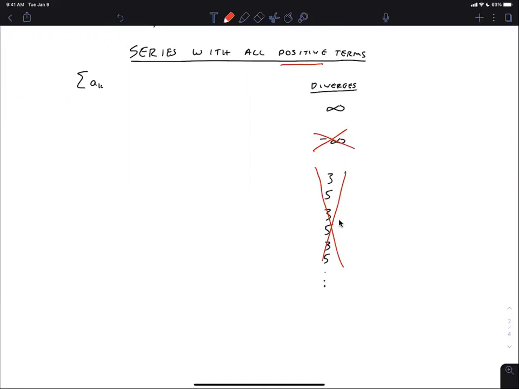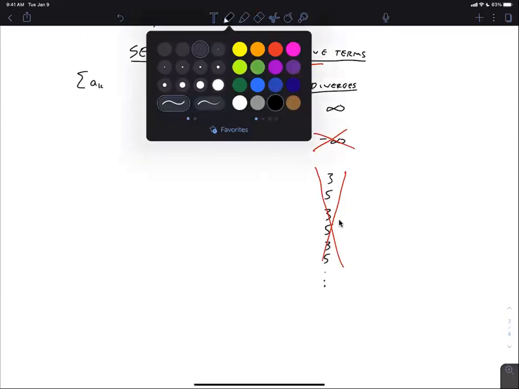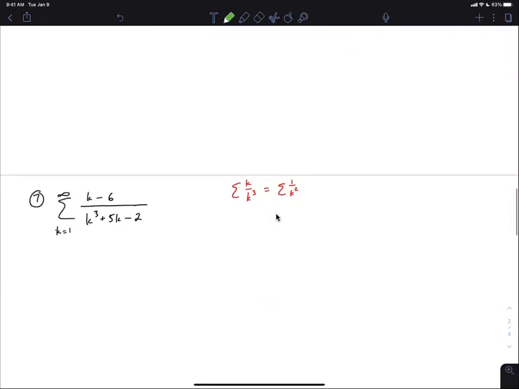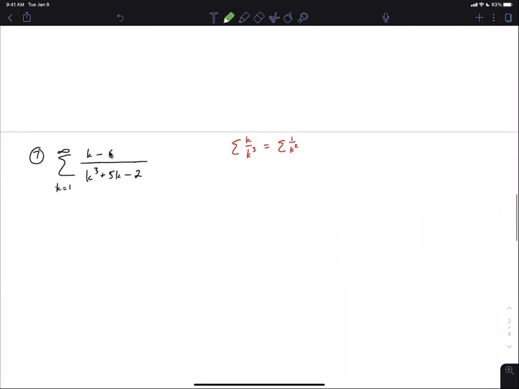Okay, so then what if I can prove something? I'm going to have an easier series. And you know what? We're going to write that in green. When you have this complicated one, the easy series is the one you come up with by looking at the biggest stuff.